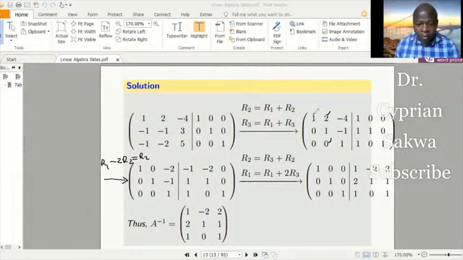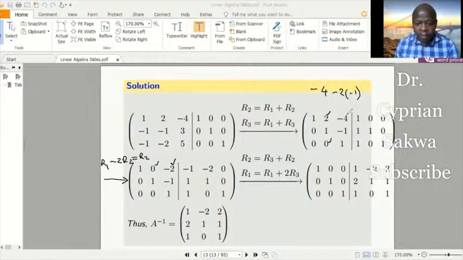So that means 1 minus 2 times 0 will remain to be 1. 2 minus 2 times 1 will be 0. That's the 0 you are seeing there. And then negative 4 minus 2 times negative 1 will be negative 2.